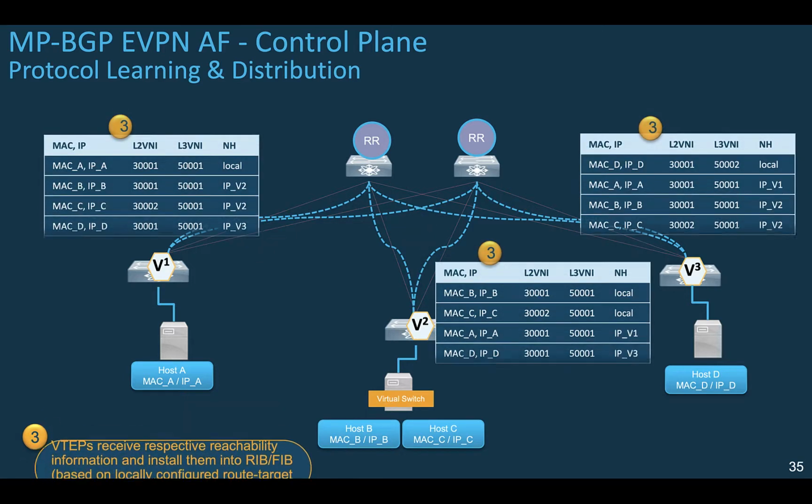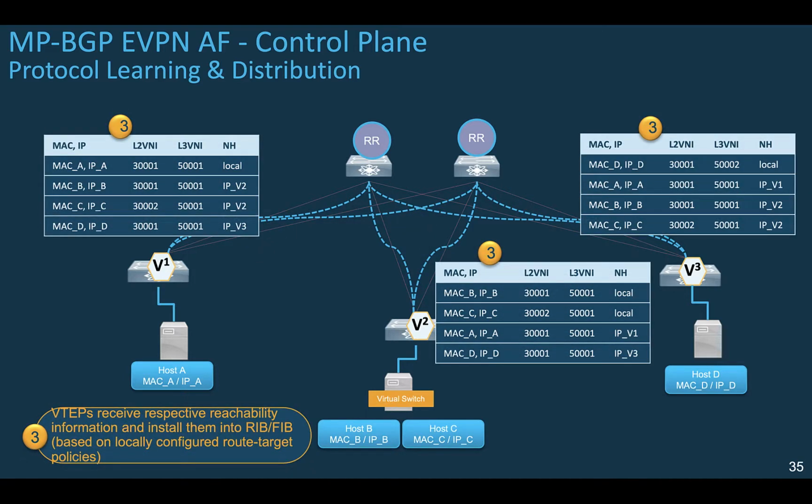As a consequence, all concerned VTEPs have the reachability information of all endpoints with, as a next hop, the location to reach them. So either the endpoint is local, meaning that it has been learned using the host mobility manager, HMM, or it is attached behind an egress VTEP, a remote VTEP, and is therefore learned using the MP-BGP EVPN control plane.